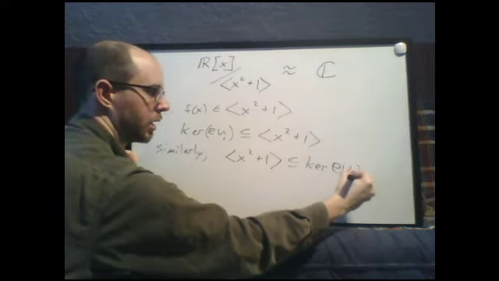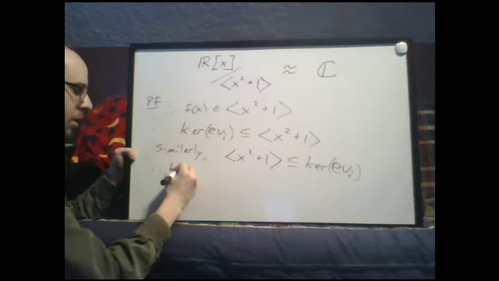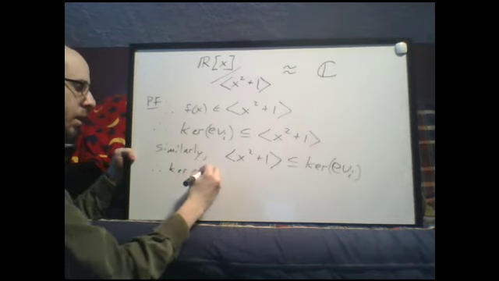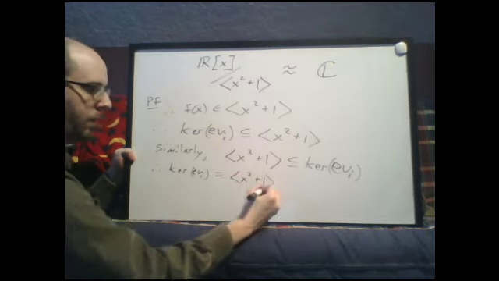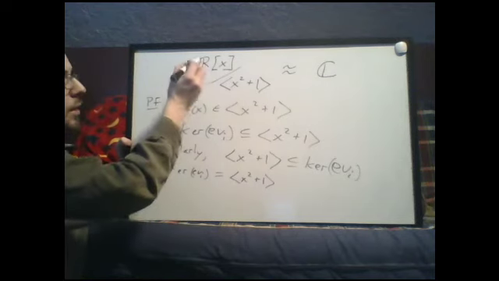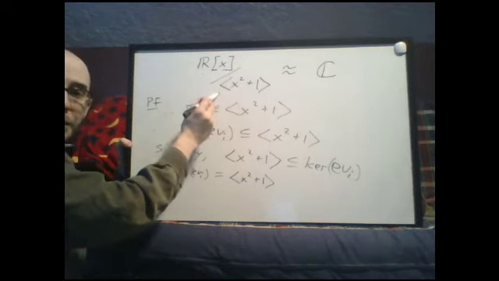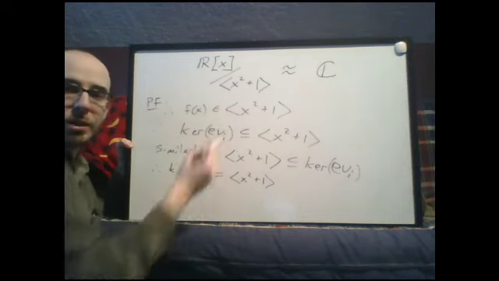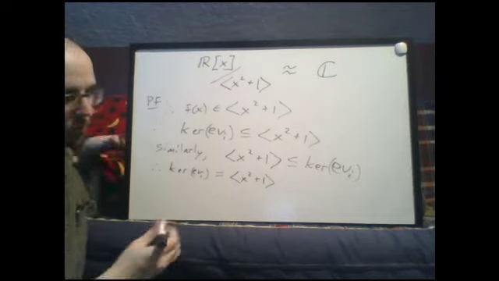Therefore they're equal. So by the first isomorphism theorem, the original domain mod the kernel is isomorphic to the range, which was the complex numbers.